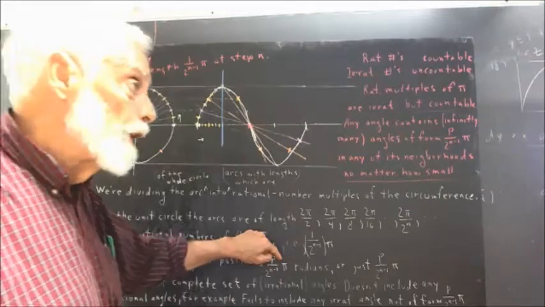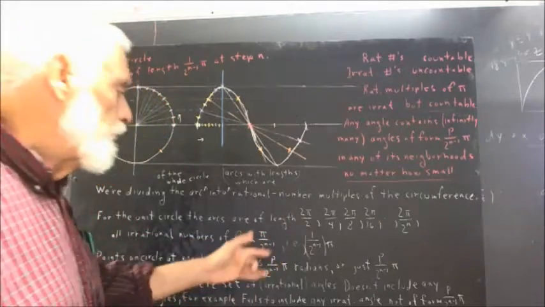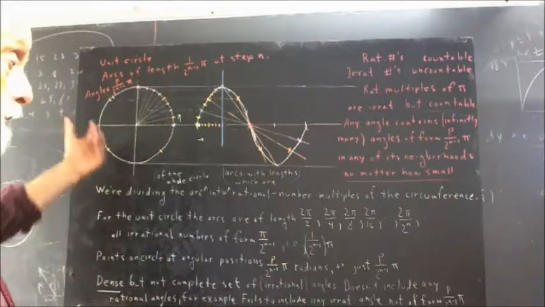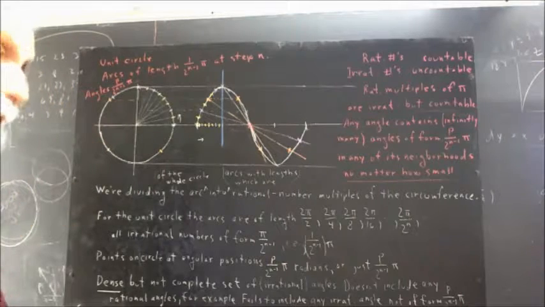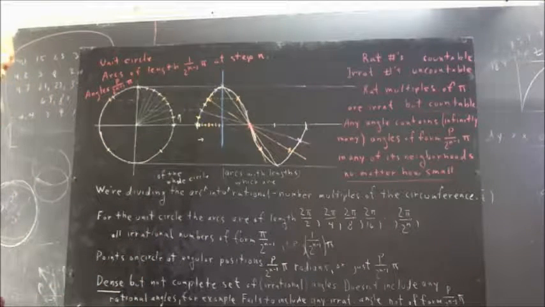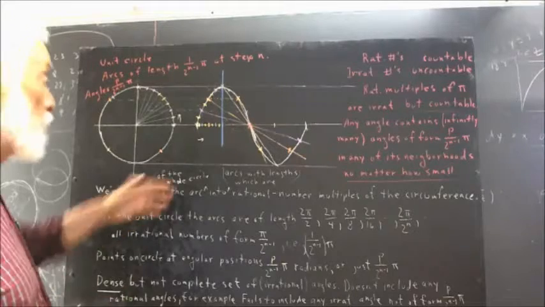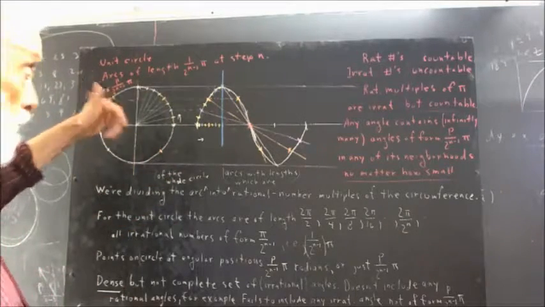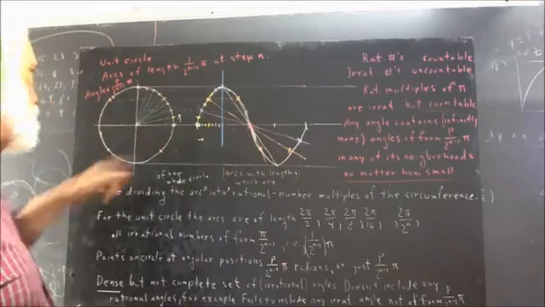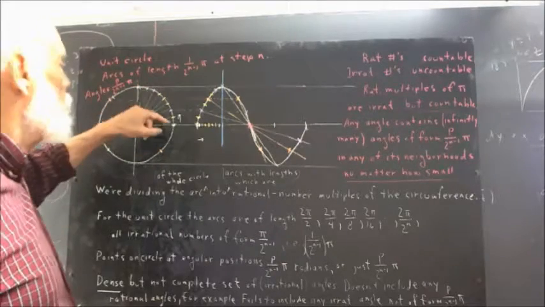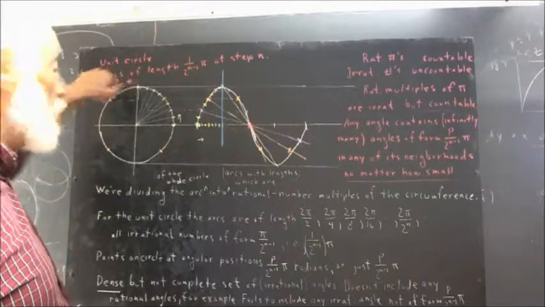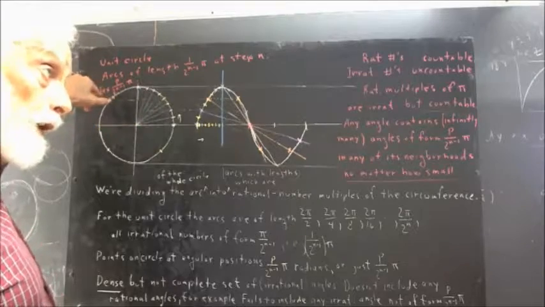Multiplying that by the irrational number pi, we get an irrational arc, or an irrational angle in radians, either way we want to look at it. Which means that, among other things, we're never going to land on a rational arc, an arc of rational length.